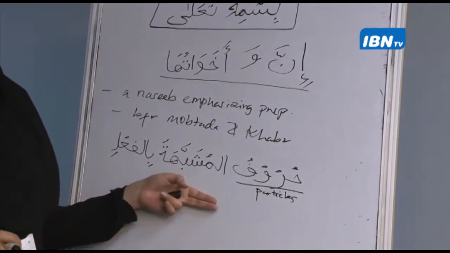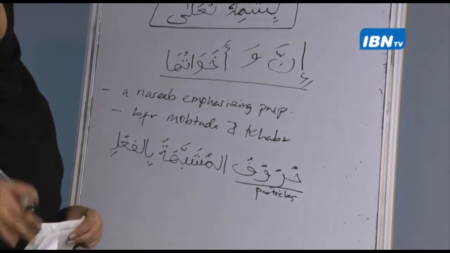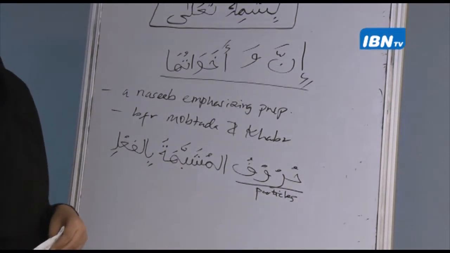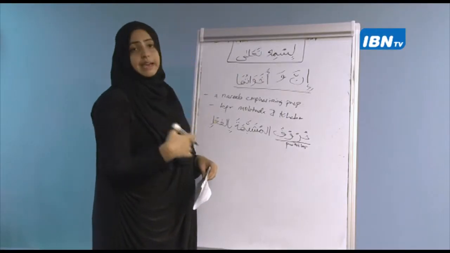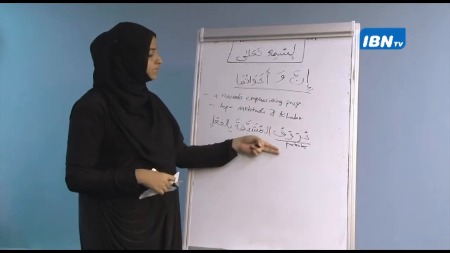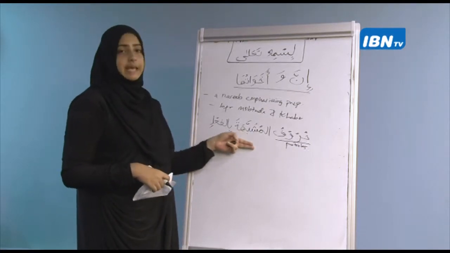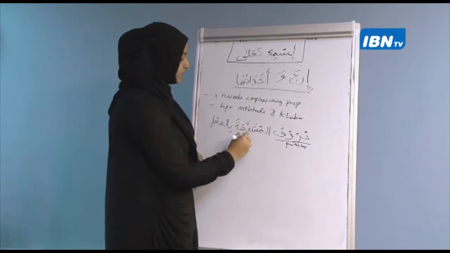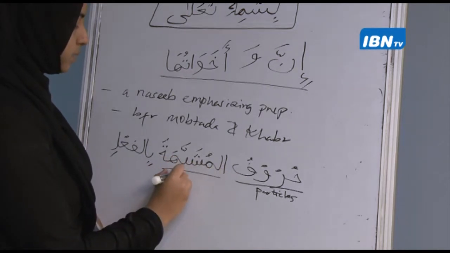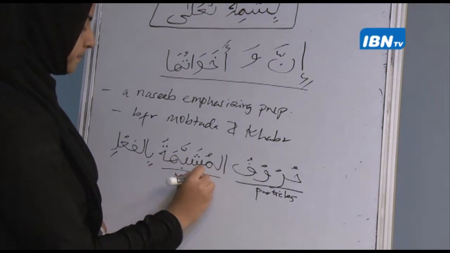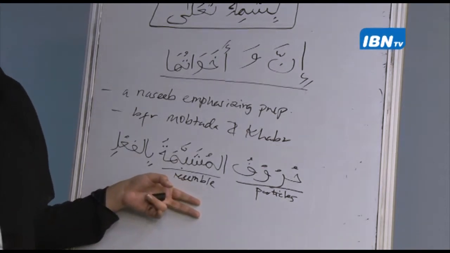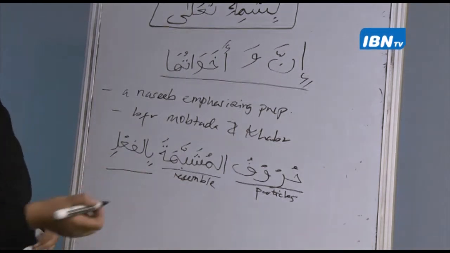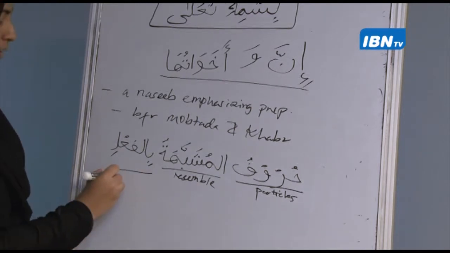Mushabbaha. You know, we say that Hazrat Ali Akbar is the shabih of the Holy Prophet, meaning he had a resemblance with the Prophet. So we say that these particles have a resemblance, particles that resemble. That word shabih comes from mushabbaha, meaning to resemble, bil fi'l, with verbs.